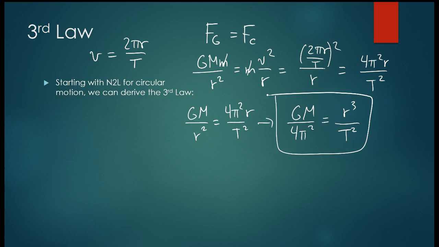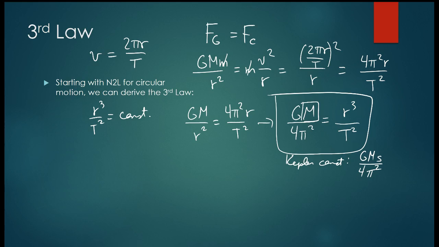And this is the usual formulation of Kepler's third law, which is basically to say that r cubed over T squared is equal to a constant. And this constant depends on the mass of the object that you are orbiting. And so for the sun, this is the so-called Kepler constant, which would be G mass of the sun over 4 pi squared.